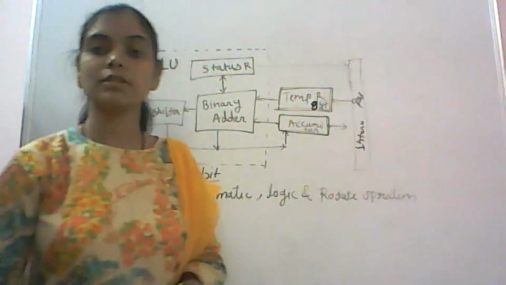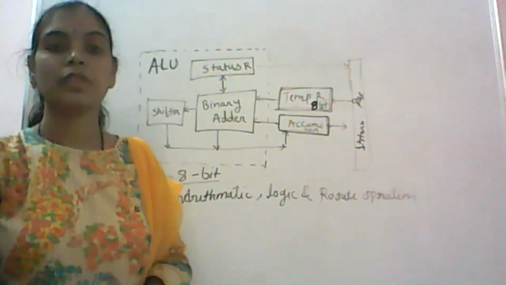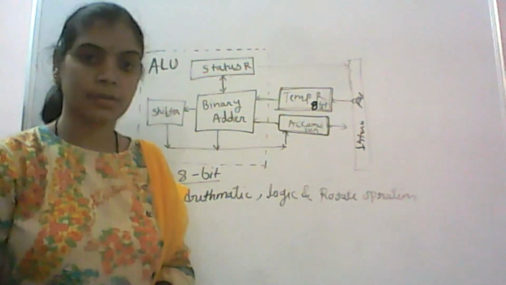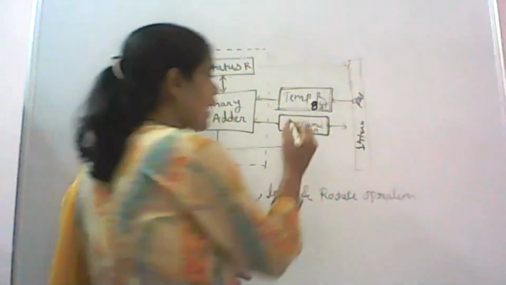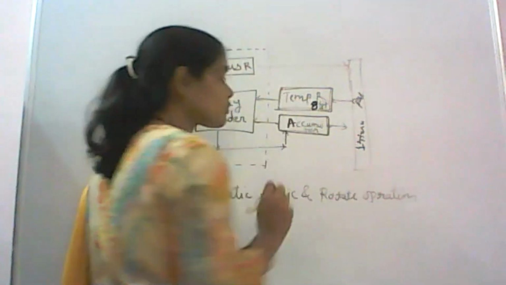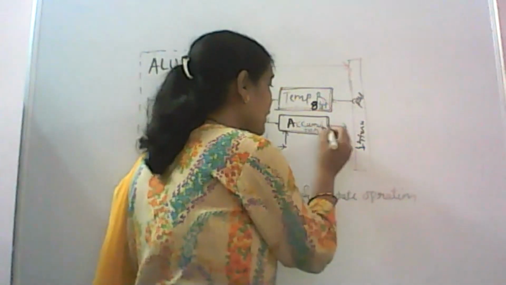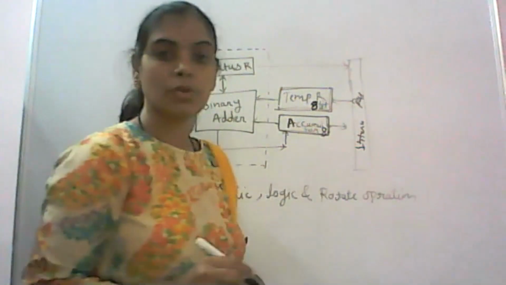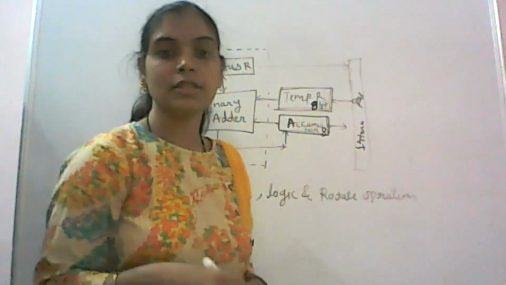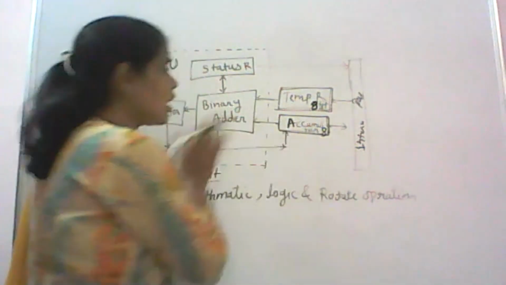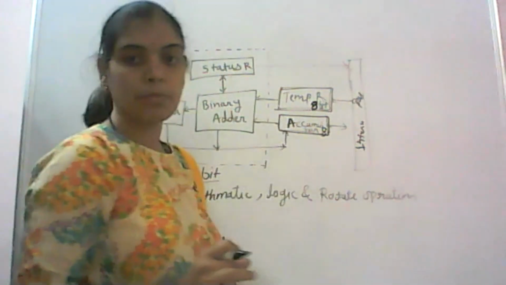Now the next register we see is the accumulator. This accumulator register is also an 8-bit register, and it is also associated with the ALU.